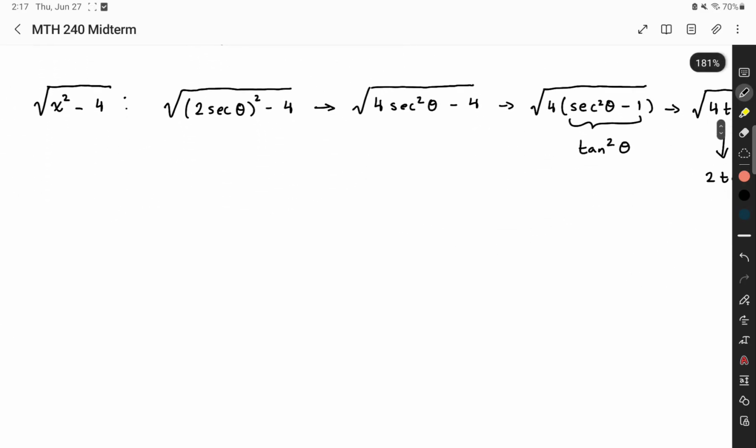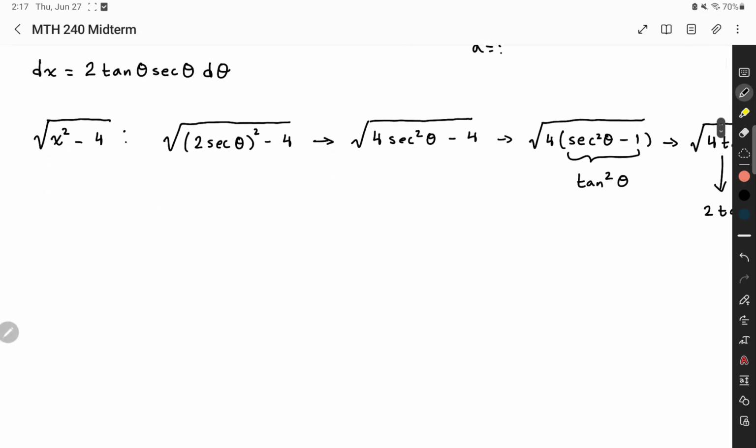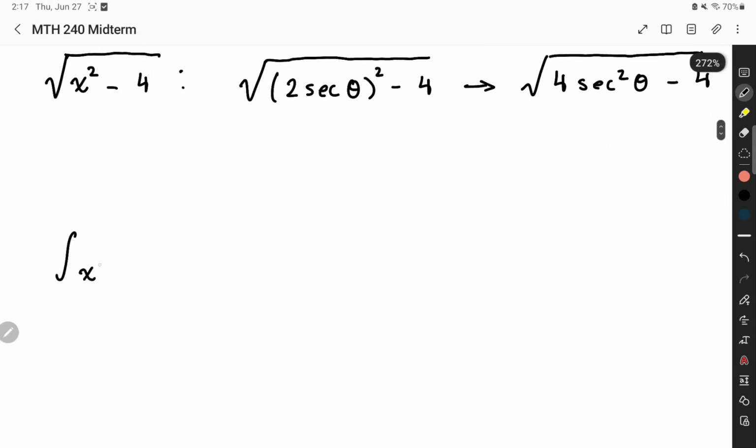So let's go back and look at our integral now. Our integral is, remember, x to the power of 4 times the square root of x squared minus 4, all over 1.